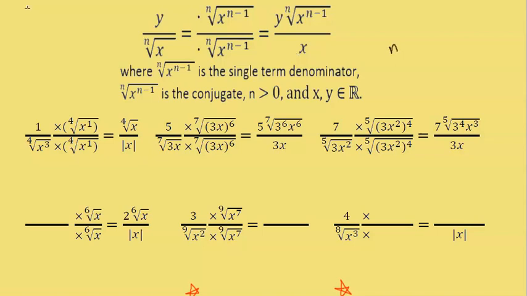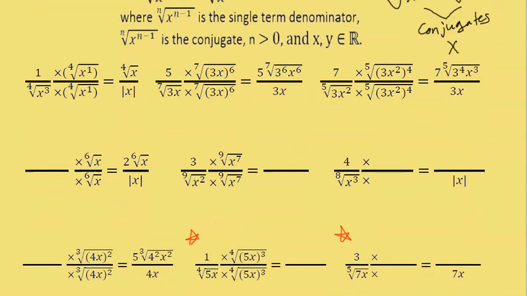You could also do this for any value of x to some m power. So the conjugate of this would be the nth root of x to the n minus m. So these are conjugates, where we multiply them together, they just give you x.